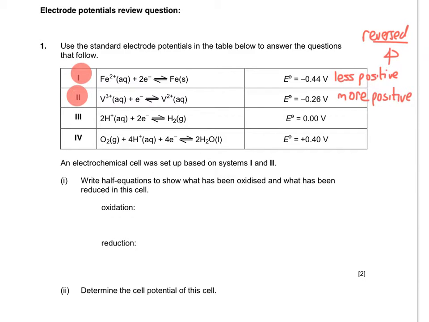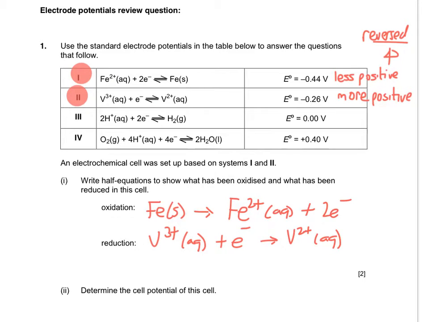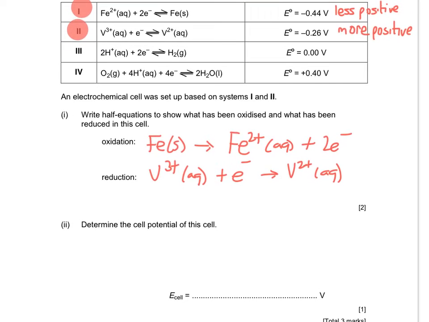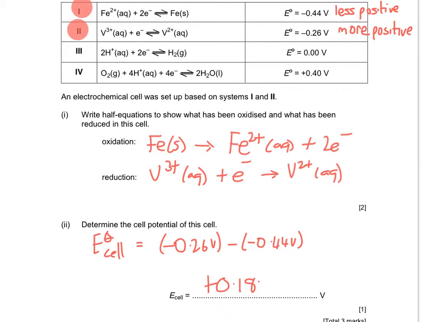So system 1 is going to be reversed and become an oxidation, and system 2 is going to remain as a reduction. Then they want us to determine the potential of this cell, so we need to move the page down a bit to make room for that. And that gives us plus 0.18 volts.